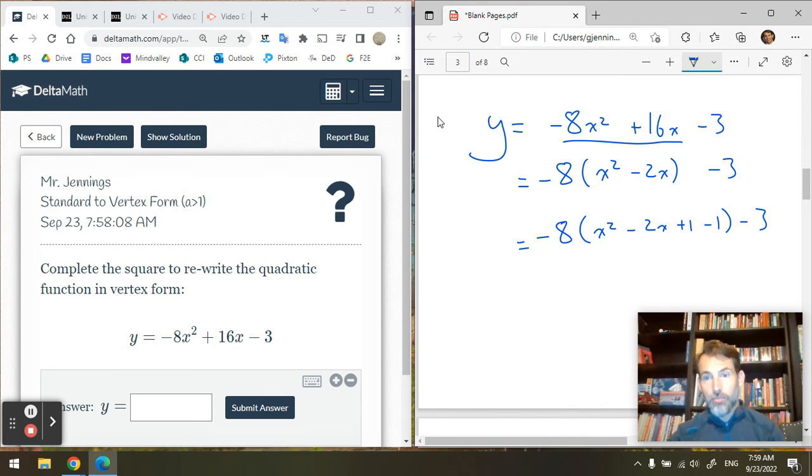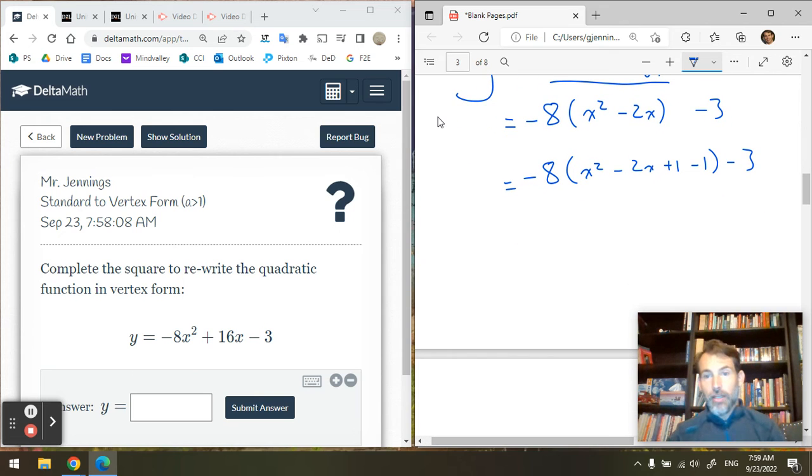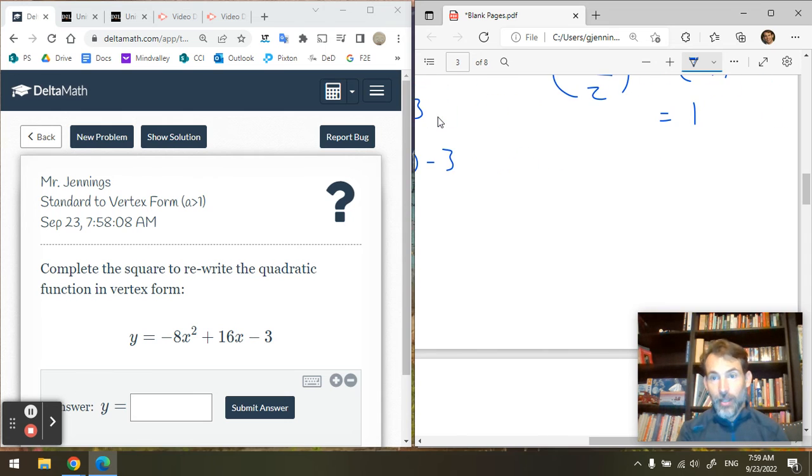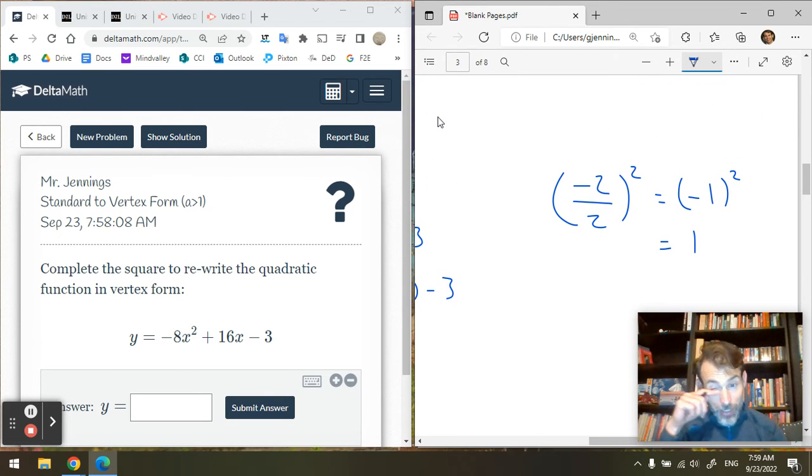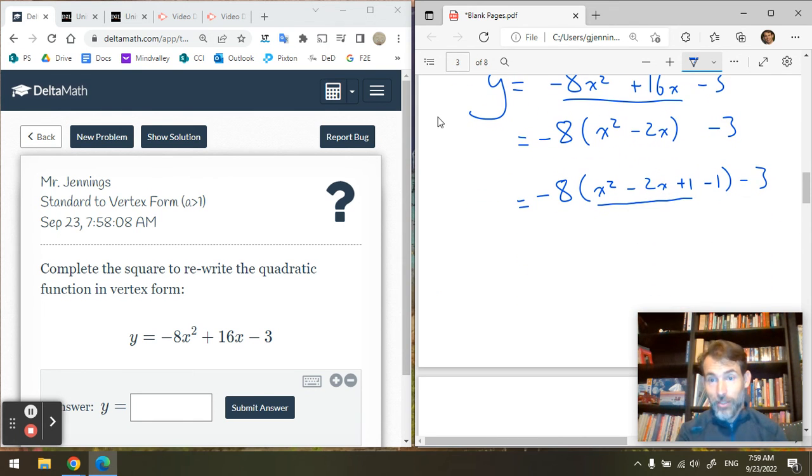Okay, that minus 3 just comes down. So I recognize that this is x minus 1 squared. I can quickly FOIL my x minus 1 squared and find that that's true. Or I can see that that number there is what goes inside the bracket with the x. It's going to look like this. Negative 8 times x minus 1 squared.